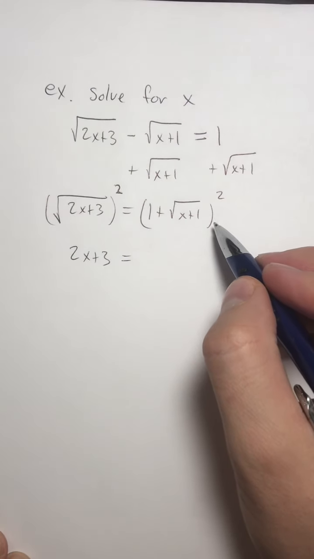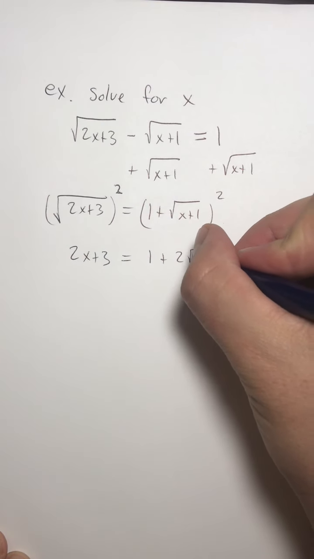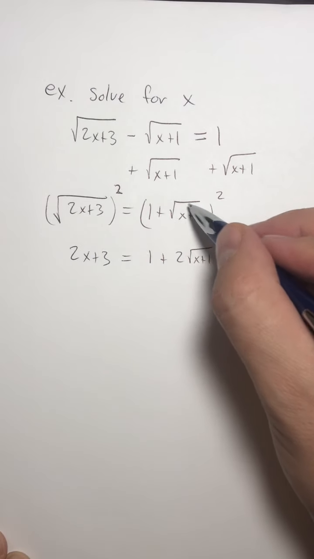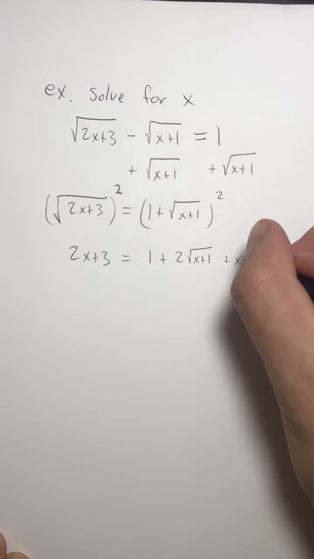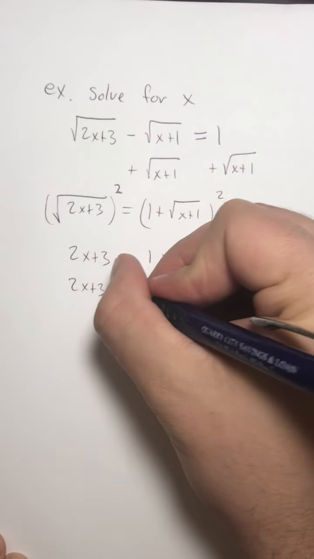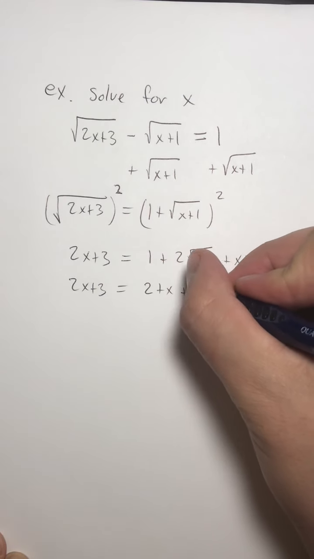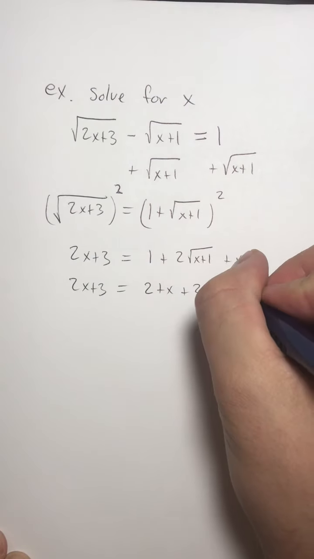So remember how to multiply this out. We're going to have 1 plus 2 square roots of x plus 1, and then once we square root x plus 1 times root x plus 1, okay, then let's collect some like terms and isolate the remaining radicals.